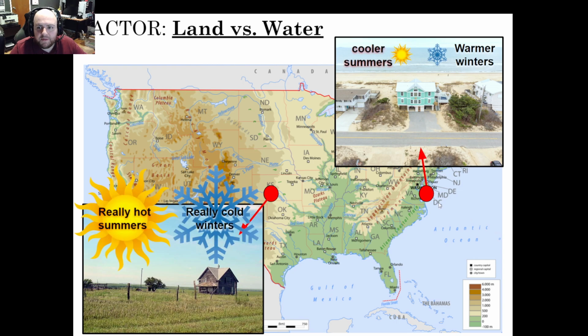So the areas that are by the ocean, by the water, are going to have cooler summers and warmer winters. Okay, so write that down in your notes. Areas near a large body of water have cooler summers and warmer winters, whereas areas that are more inland, areas surrounded by land, are going to have very hot summers and really cold winters.